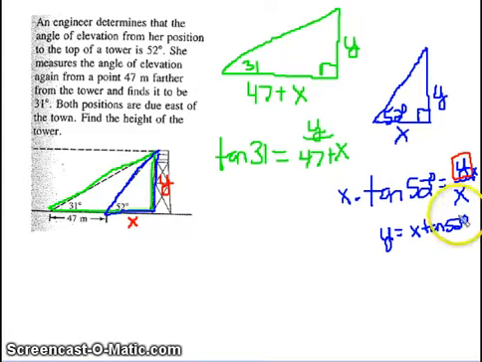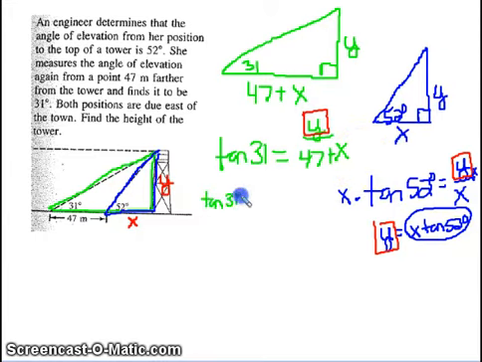We are then going to take this relationship, our y is equal to the same thing in the problem, so we can plug this in. That is going to leave me with the tangent of 31 degrees equals the tangent of 52 degrees times x all over 47 plus x.